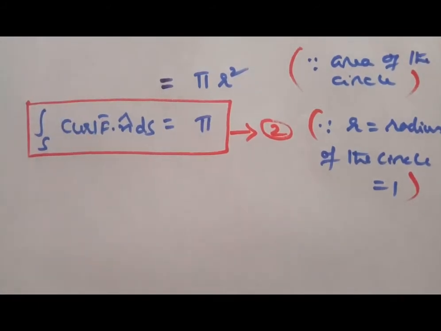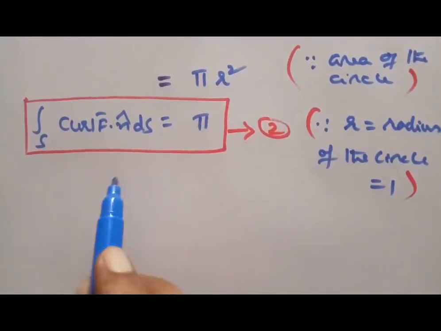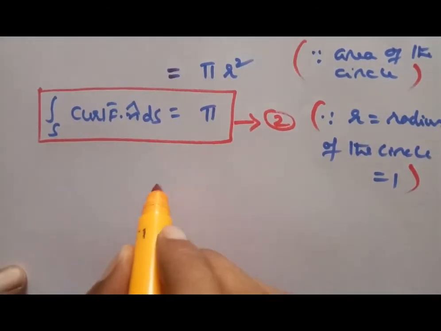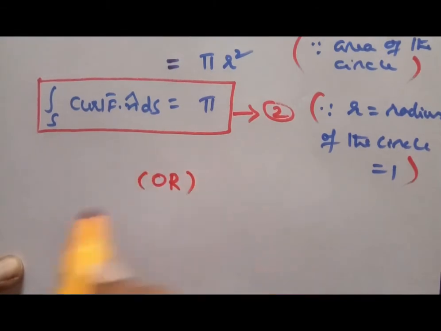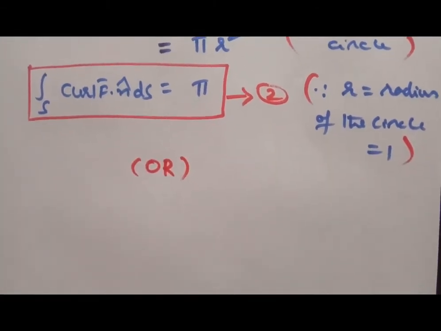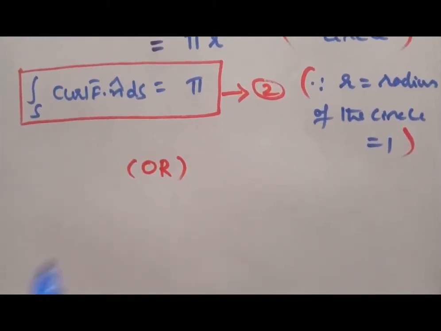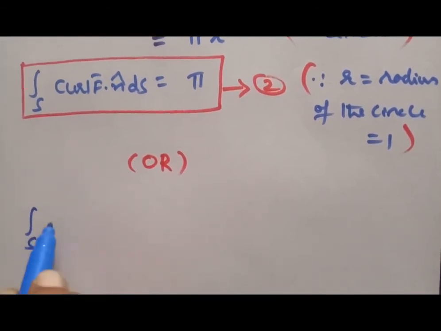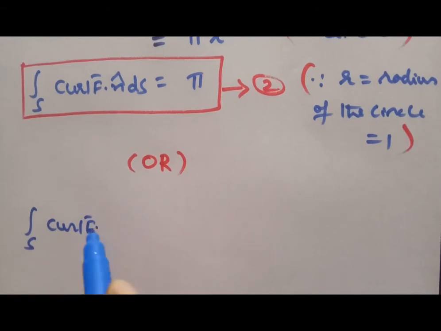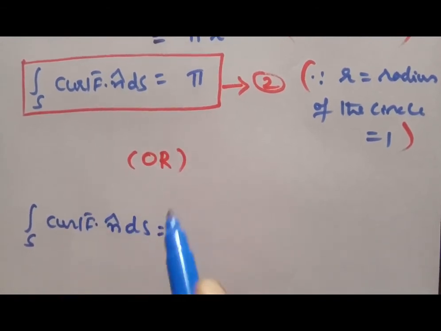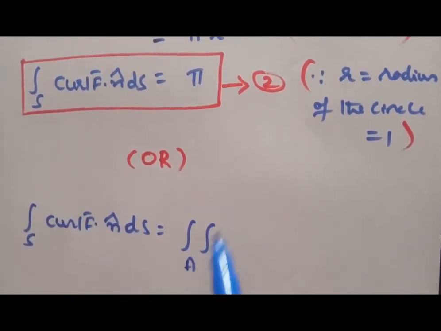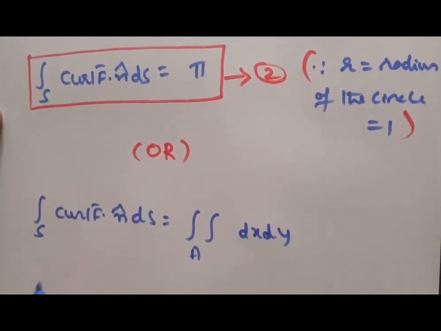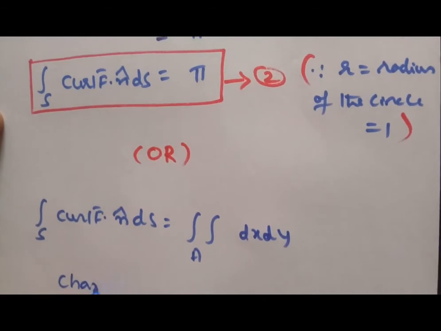Without using this formula you can also evaluate it directly using double integration. The integral over S of curl F bar dot n cap ds is equal to the double integral over A of dx dy, changing into polar coordinates.